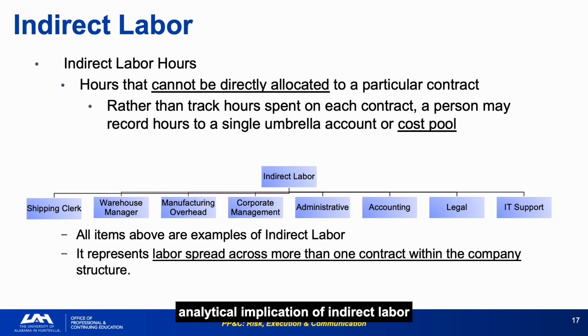The key analytical implication of indirect labor is that it is shared, meaning changes in the contractor's overall business base, not just your contract, can affect what you pay in overhead. When your overhead rate changes unexpectedly, always ask about the contractor's total business base. The cause of the change may have nothing to do with your contract.